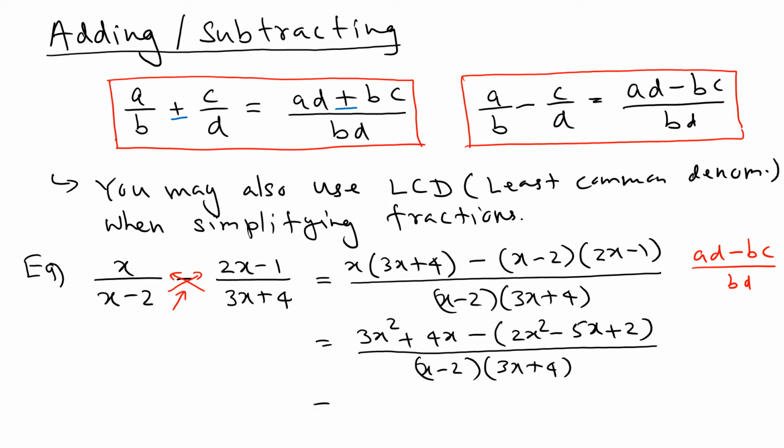Now if you simplify the top, you can see 3x squared minus 2x squared, that means there's going to be x squared. And then if you look at the x terms, you have negative 5x, that means positive 5x, with 4x is going to be 9x, and then the number is negative 2, divided by the product in the bottom. You can either write this version or the expanded version.